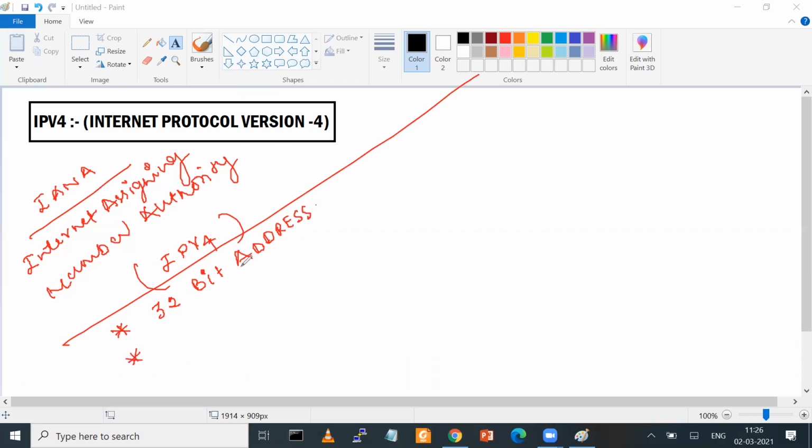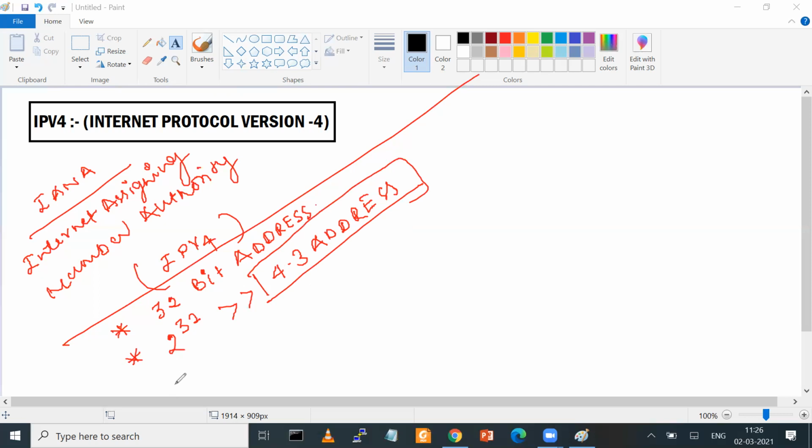Means total computers or devices which we can connect is 2 raised to the power 32, which is approx 4.3 billion addresses. मतलब अगर मैं टोटल IPv4 एड्रेसेस की बात करूं तो आई कैन कनेक्ट 4.3 बिलियन एड्रेसेस. 2 की पावर 32 आप कैलकुलेट करोगे तो.